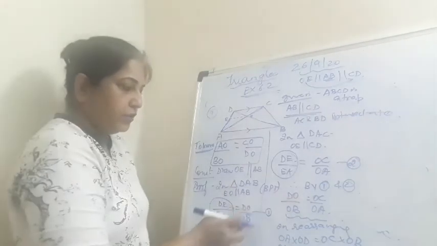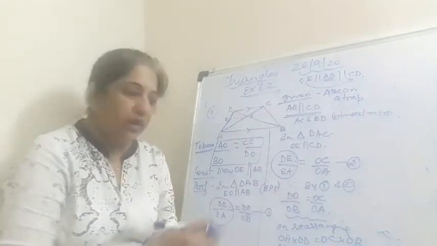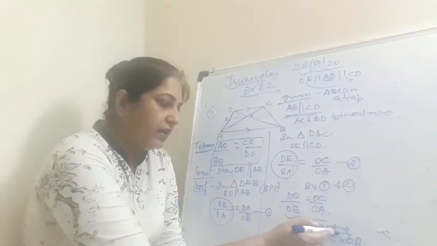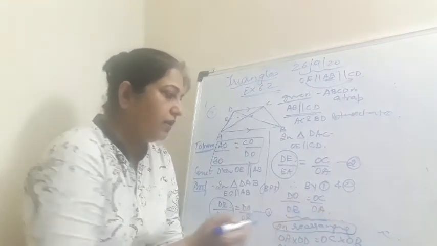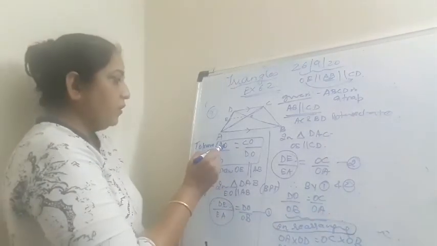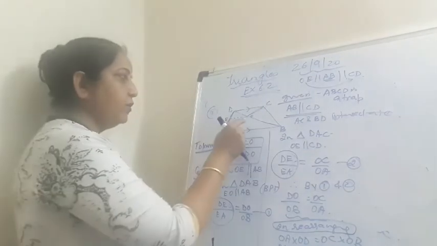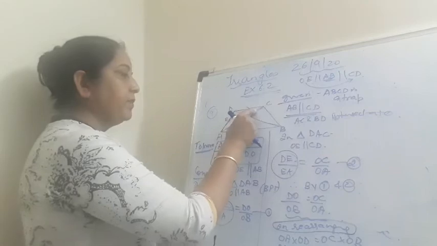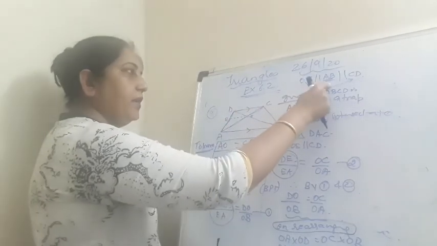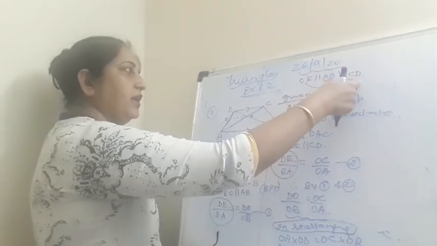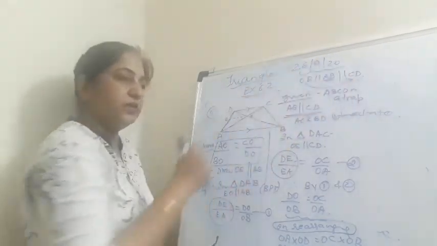When I get the two ratios, I will compare them, I will rearrange them, and when I rearrange them, I will get OA upon OB is equal to OC upon OD. And I also explained you why OE is parallel to CD? Because OE is parallel to AB and AB is parallel to CD, therefore OE will be parallel to CD.